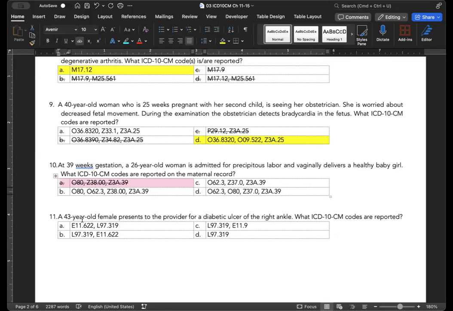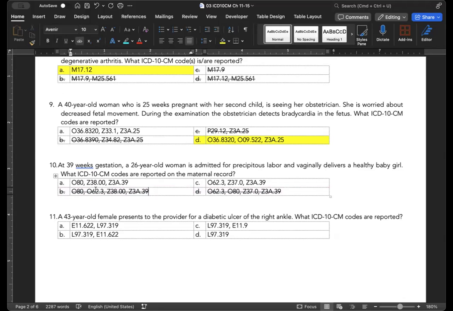Since we have 3, yes, O80 cannot be used with any other codes in chapter 15 as well. Yep. So at least by using that, if we still weren't 100% sure, we at least know that it cannot be B and D, right? If we weren't 100% sure that O80 was not going to be included for precipitous labor, we do have that note in there that says that O80 cannot be used with any other chapter 15 code.